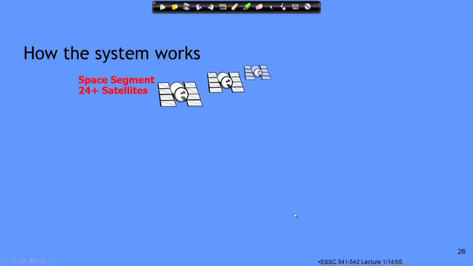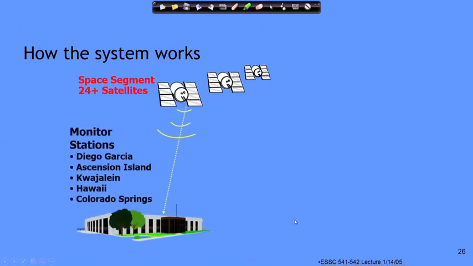The space segment, or the first segment, consists of 24 or more satellites, and these satellites are monitored by 5 monitoring stations, which are located at Diego Garcia, Ascension Island, Kwajalein, Hawaii and Colorado Springs, and they have GPS control systems at these monitoring stations.